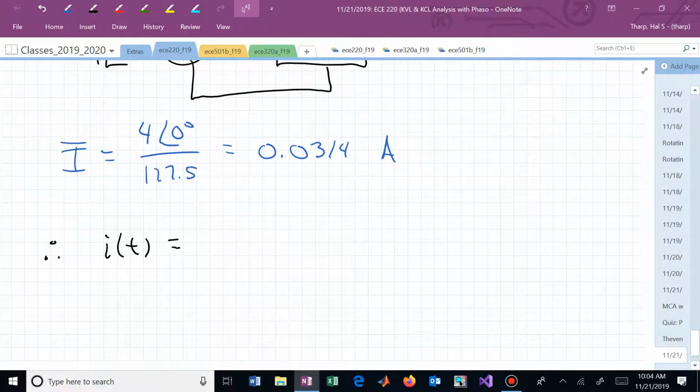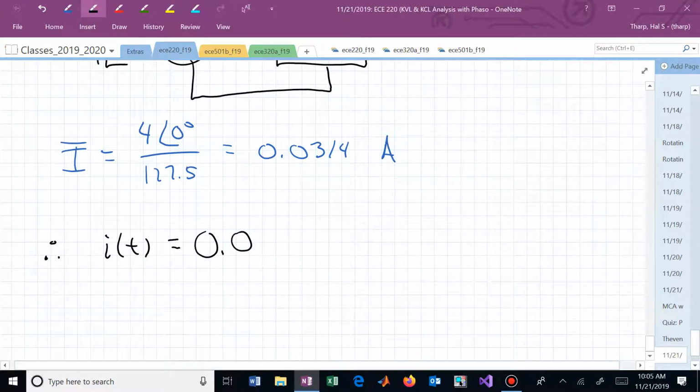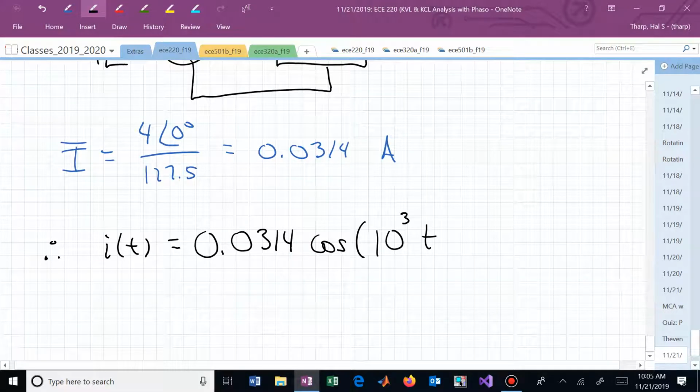What is i of t? We have 0.0314 cosine. What's the angle of our phasor I?